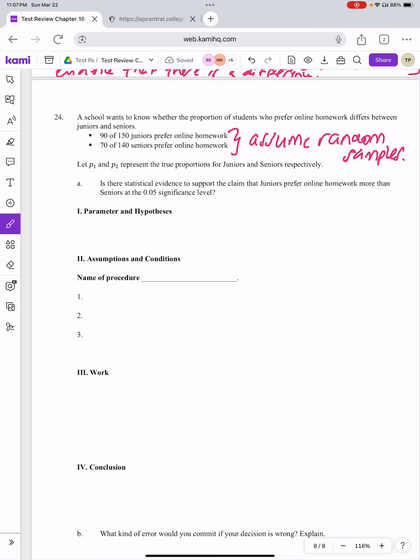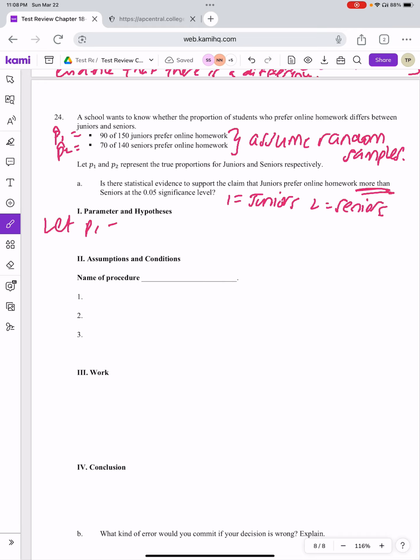Is there statistical evidence to support the claim that juniors prefer online homework more than seniors? So we need to say out what the parameter is. So same thing as before. P1 equals this. P2 equals that. So 1 is juniors, 2 is seniors.